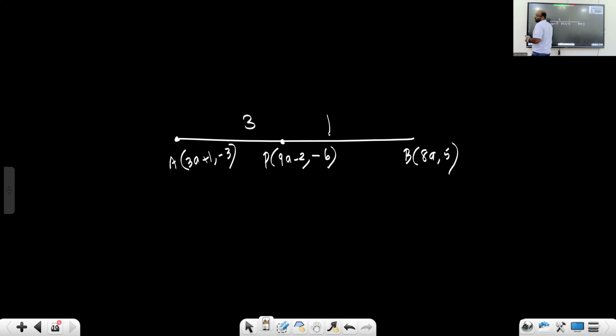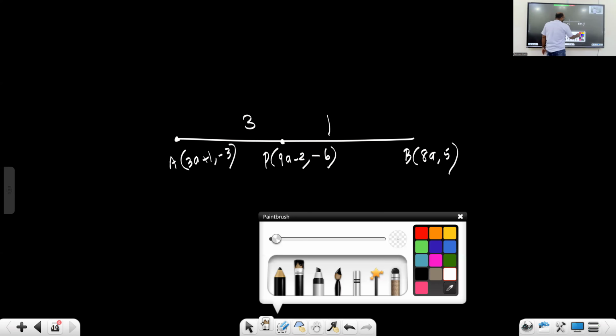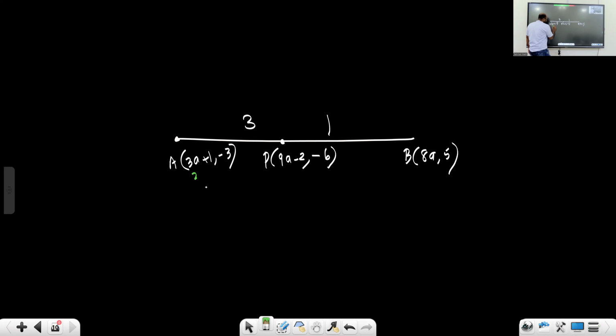You want to find the value of A and B. Ratio already given. So what formula we use? Section formula. So everything you mark in the diagram. Who is this? X1, Y1. Who is this? X2, Y2. And this one, M1, M2.